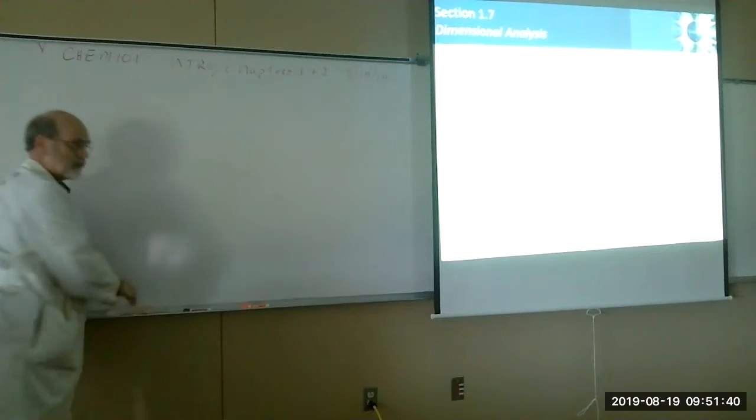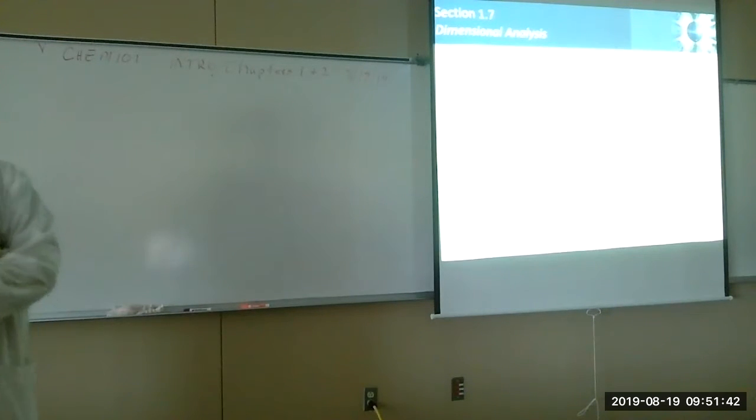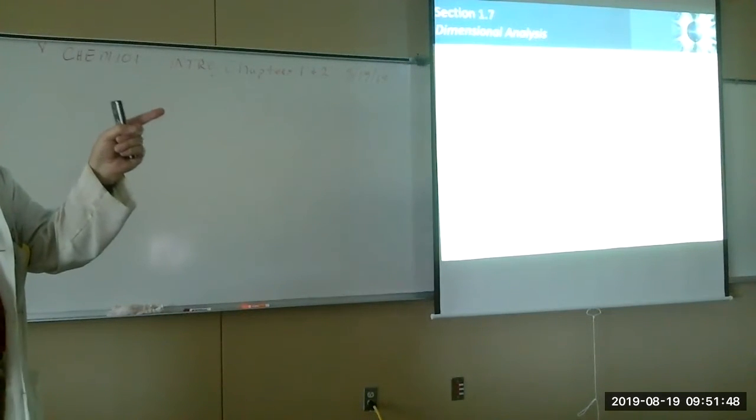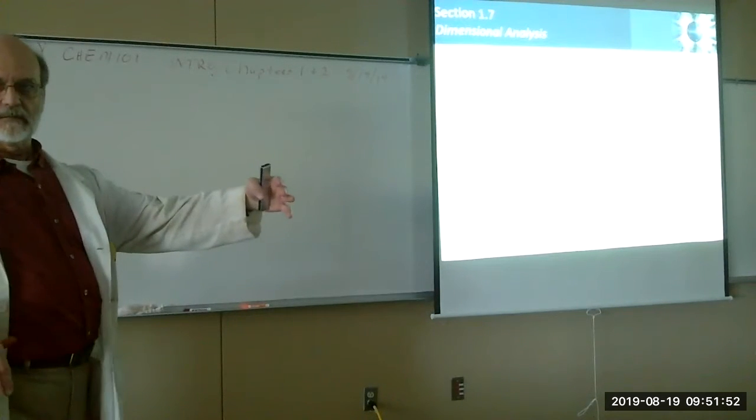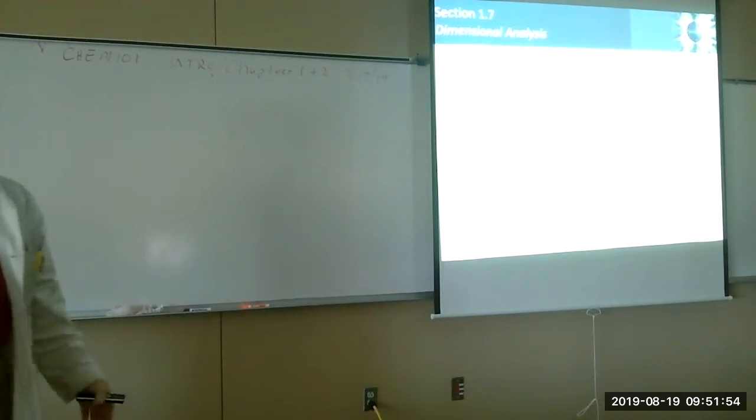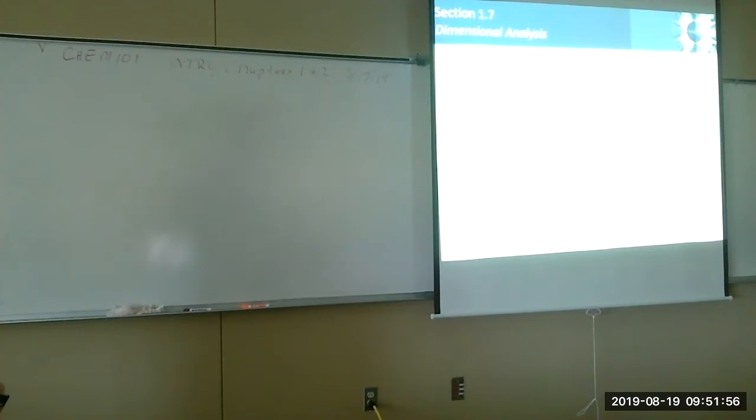And that just means keep track of your units. If you know what your units are, where you are, where you're headed, you know the units of your answer, then you know if you're on the right track to solve that problem. A lot of problems in chemistry can be solved purely by dimensional analysis without even knowing what chemistry is.